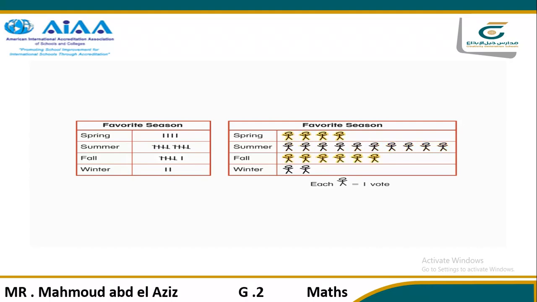Fall has more votes than spring, so more students chose fall as their favorite than those who chose spring. These students understand that picture graphs use a single symbol to show data, making it easy to compare categories. This understanding prepares students for later work with scaled picture graphs, in which a single symbol represents more than one piece of data.